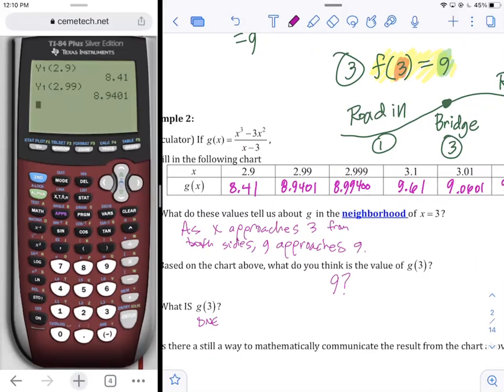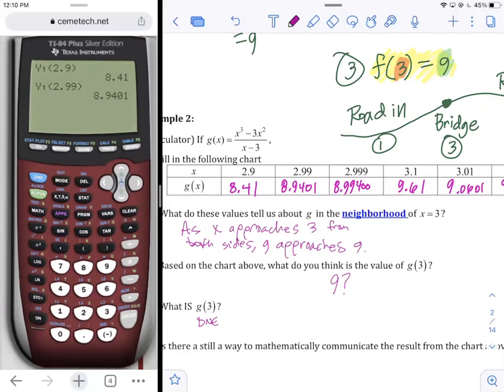We know that this one has to be a hole based upon our numerical evidence, right? Because we're approaching 9 from the left and approaching 9 from the right. And if it were a vertical asymptote, as we got closer and closer to 3, what would happen to the y values? They would go up hugely fast towards either infinity or negative infinity. And that's why a vertical asymptote is also called an infinite asymptote.